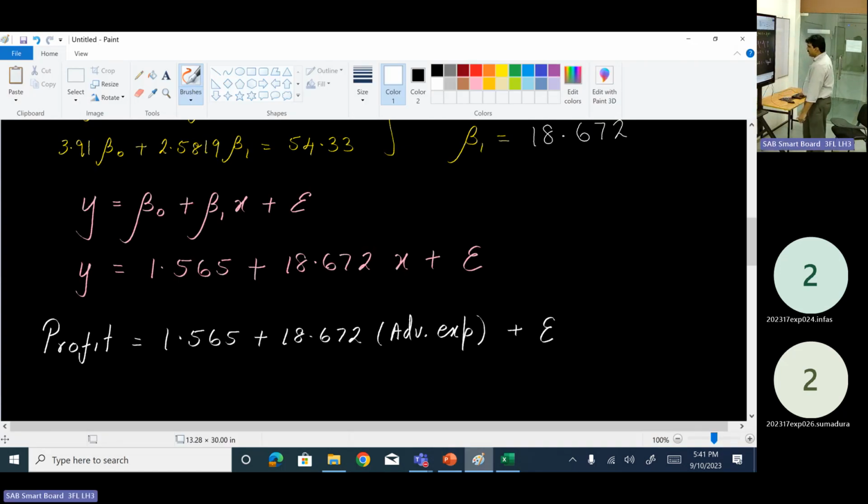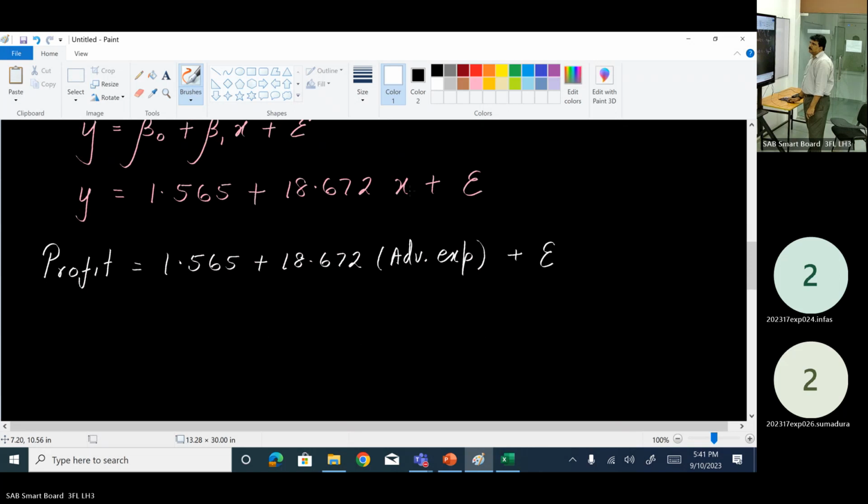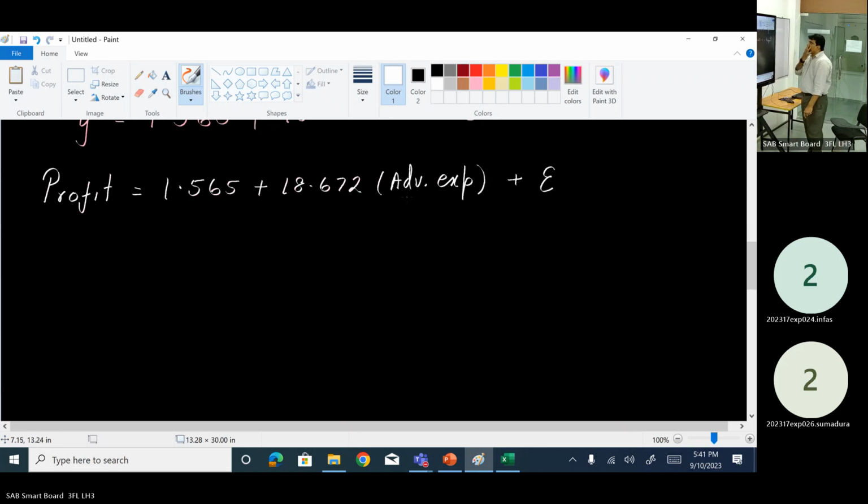So we'll interpret. So first we'll interpret beta 1. So beta 1 is 18.672.